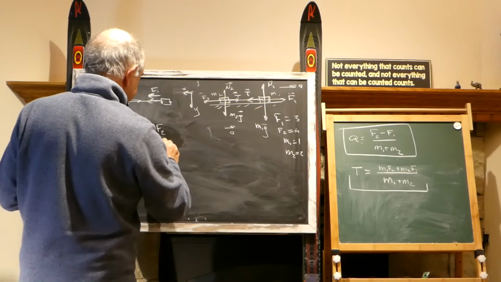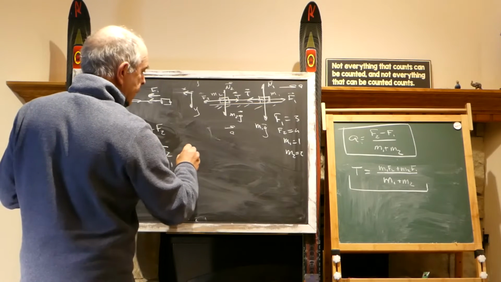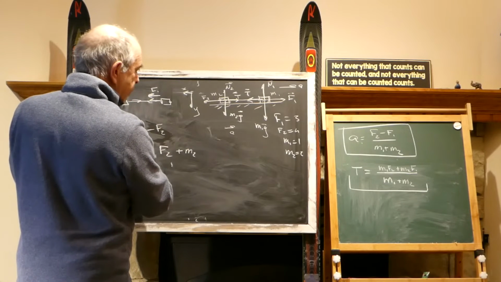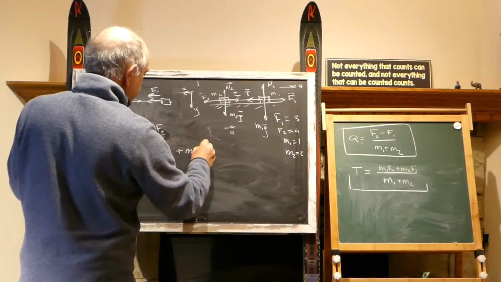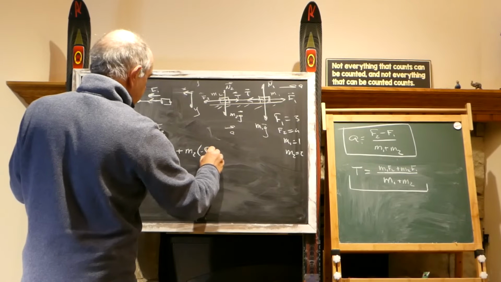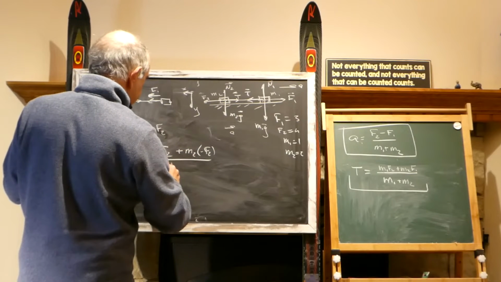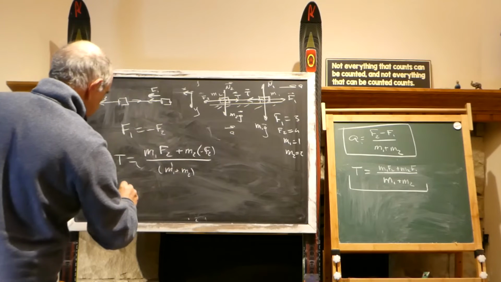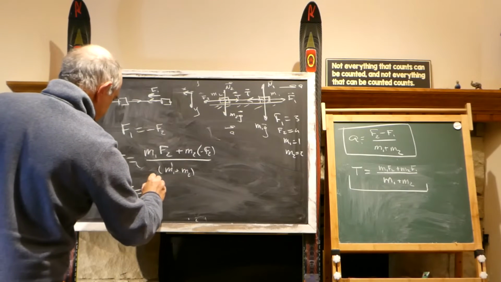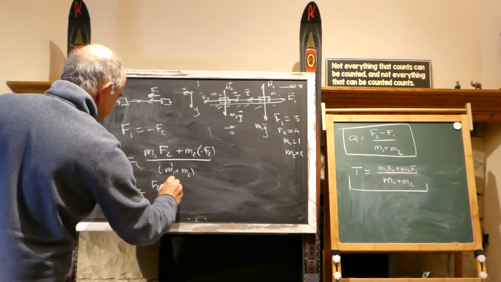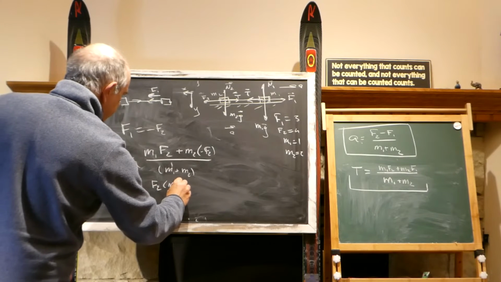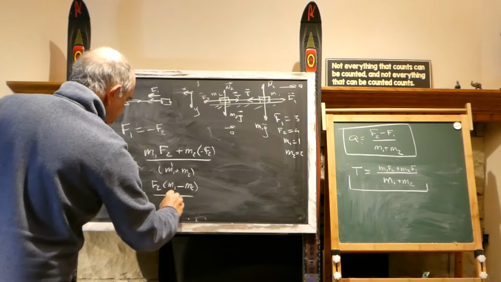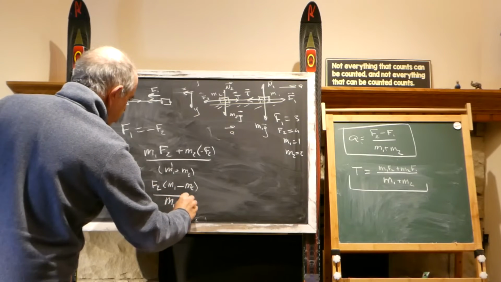So M1 F2, and then plus M2 multiplied by F1, but F1 is minus F2, over this sum M1 plus M2. And it would be the same as T equals F2 factored M1 minus M2 divided over M1 plus M2.